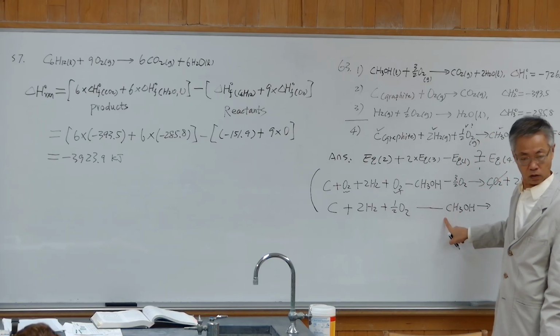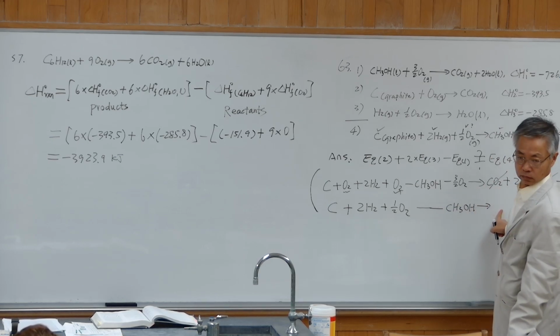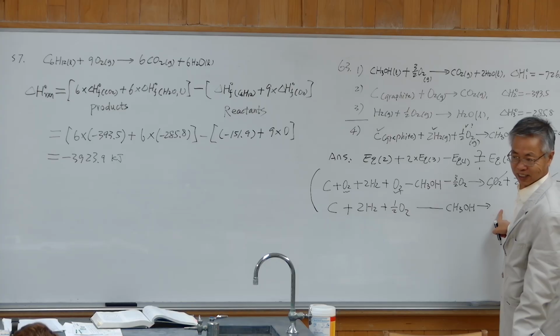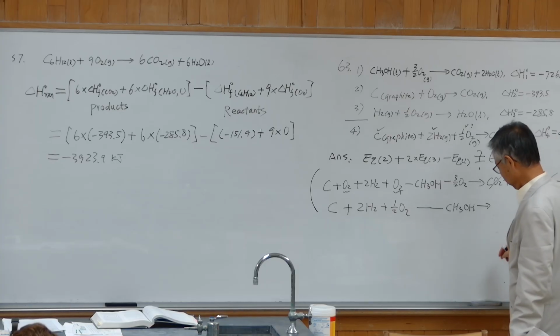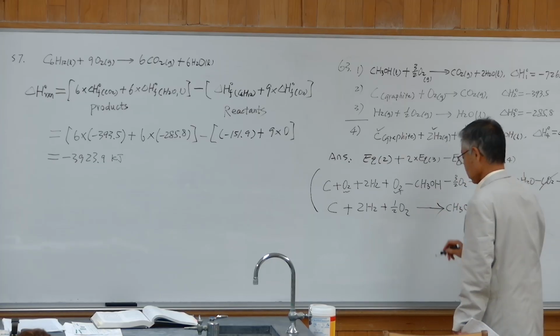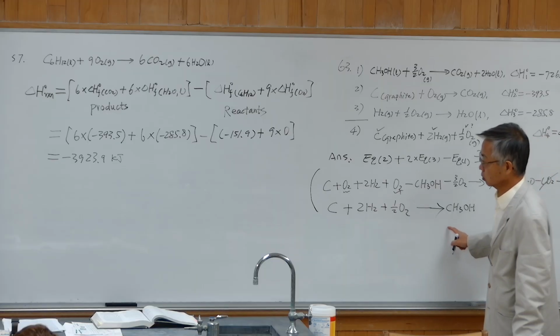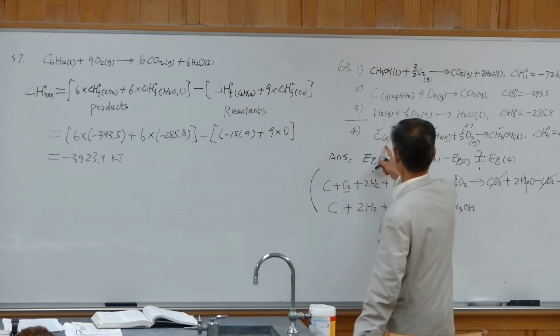In a chemical equation, normally there is no minus. Then we move this to the right side. Initial right side, nothing left. We move it to the right side and it becomes this. Is this the equation we want? Yes. The equation we want is exactly this.